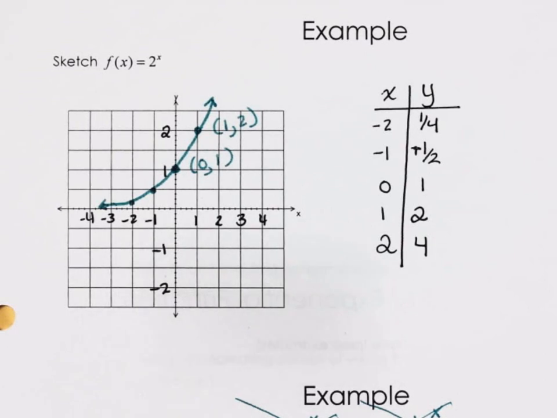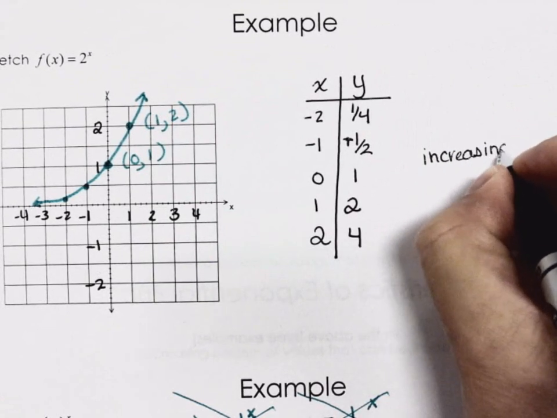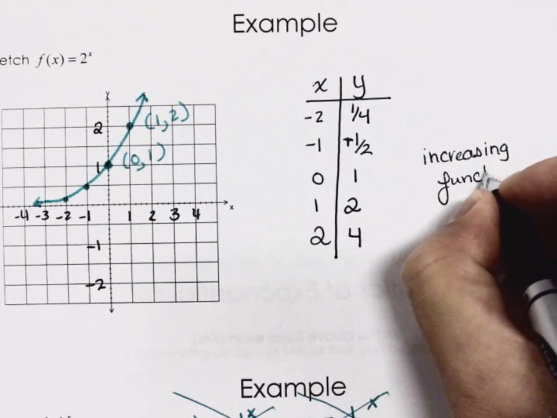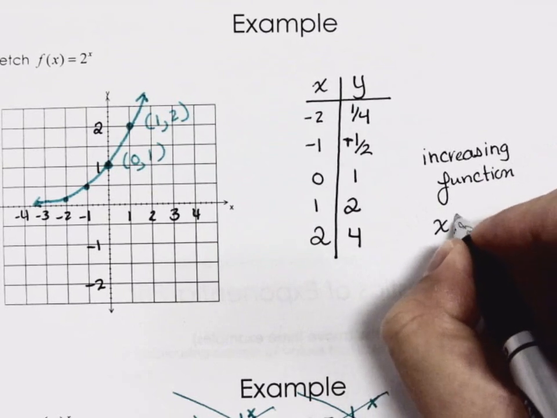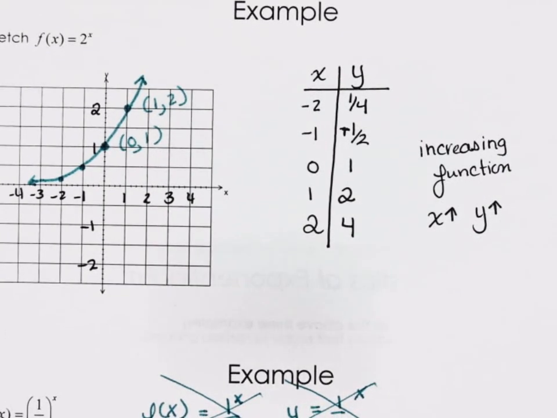As the x's increase, the y's increase, that's considered an increasing function. So x's are increasing, y's are increasing. So super easy concept, but I always forget to talk about it. Maybe it's in the notes later on and I'm just ruining the surprise.